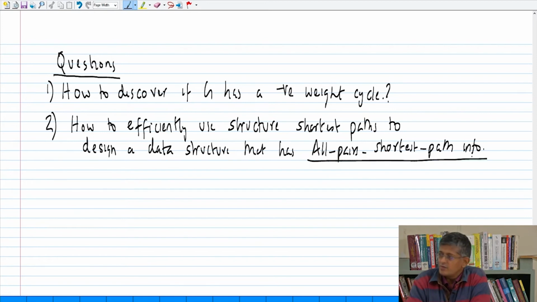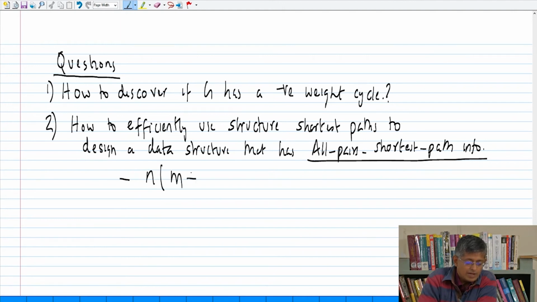Observe that so far what we did was we designed a data structure which has single source shortest path information starting from S and going up to V. So the easy idea is to use this single source shortest path data structure n times. You can do this using n into m plus n log n time.